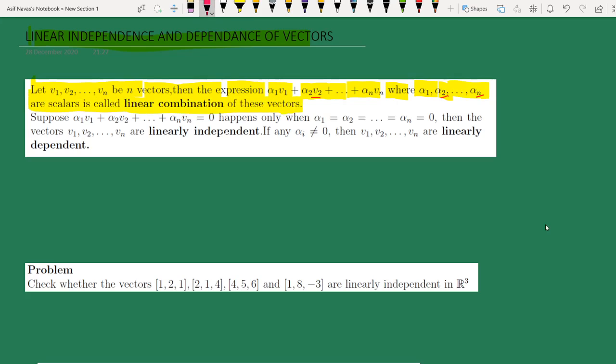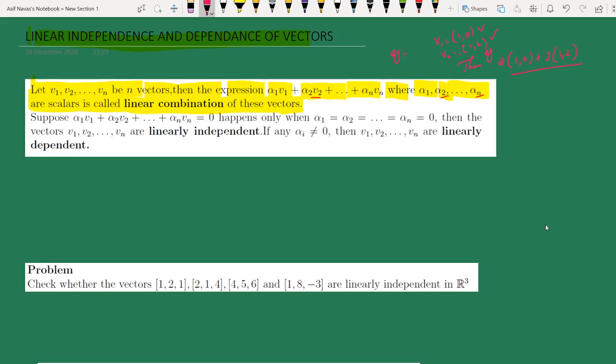For example, I will give you an example. If I take v1 is equal to 1 0, the second vector is 1 2, then 2 into 1 0 plus 3 into 1 2 is a linear combination of 1 0 and 1 2.